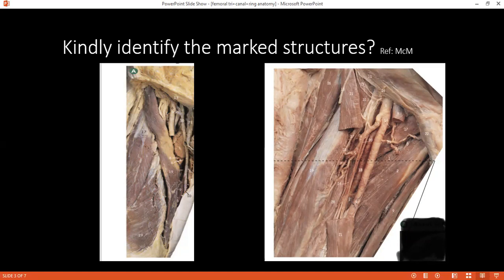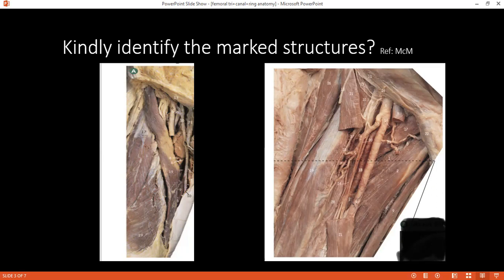The medial boundary is the adductor longus, and the superior border is formed by the inguinal ligament. And the floor is formed by iliacus, pectineus, and adductor longus, and the roof is formed by superficial fascia, tensor fascia lata, and superficial fascia. Okay, good.